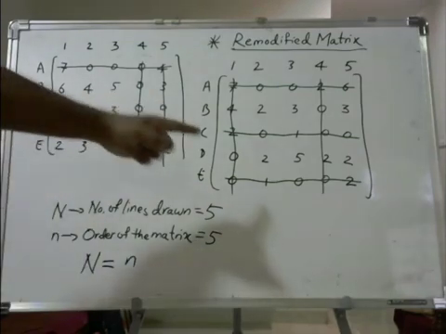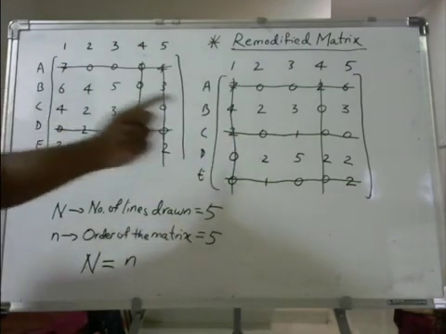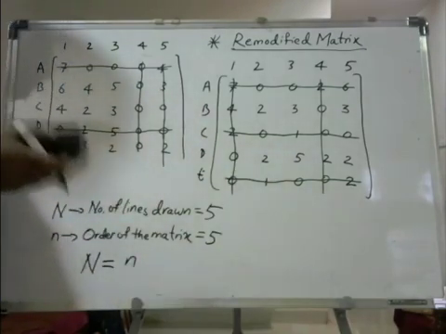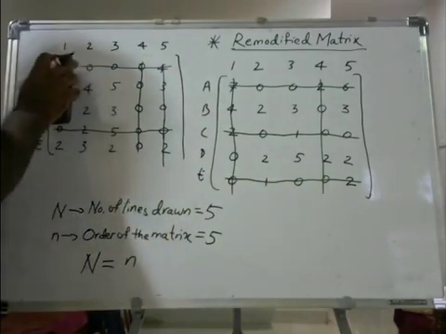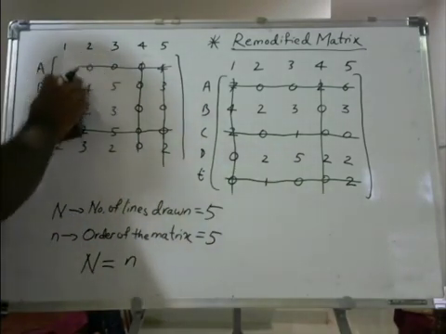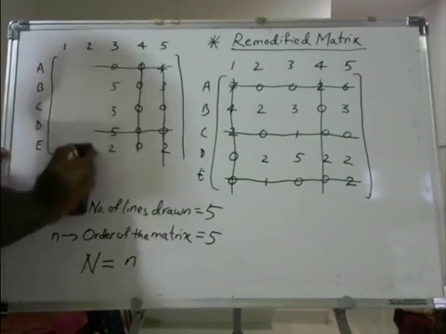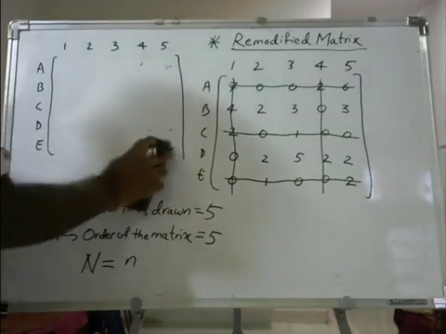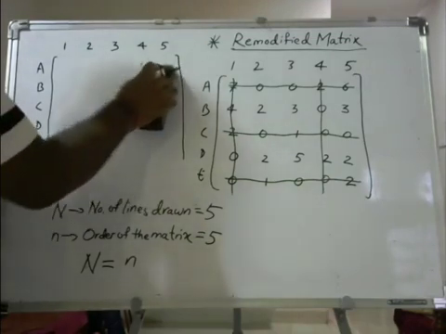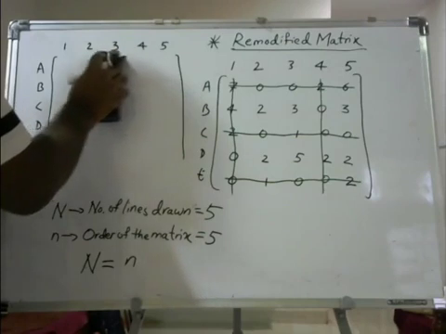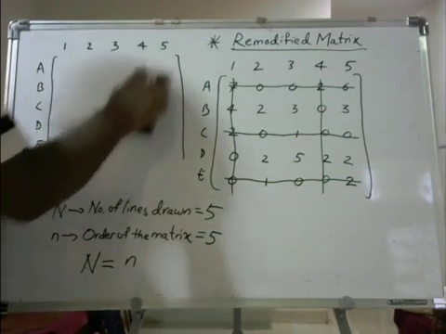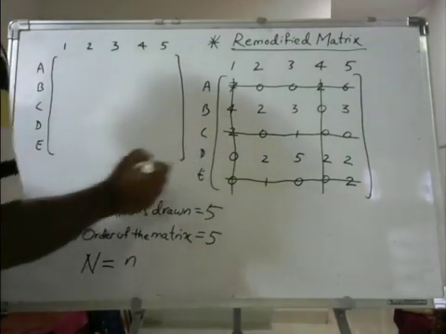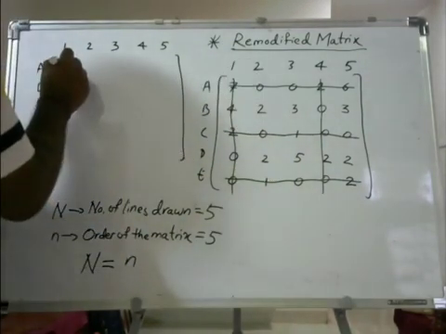Okay. Now what I have to do is rewrite the same matrix here again, without the lines. So I'll rub this, take this off. I'll rewrite the same matrix.